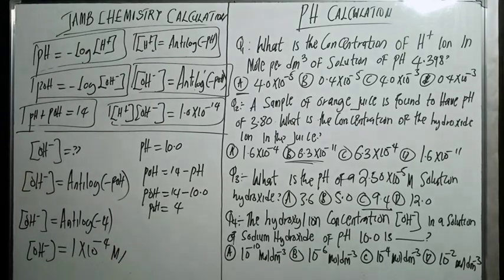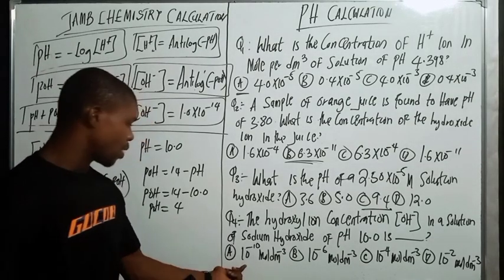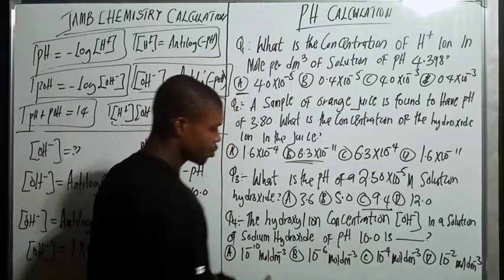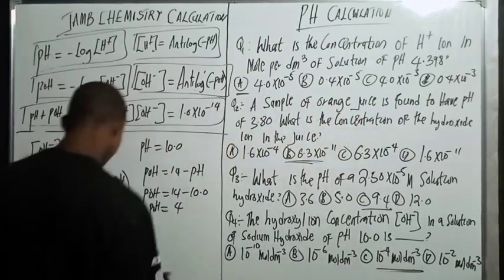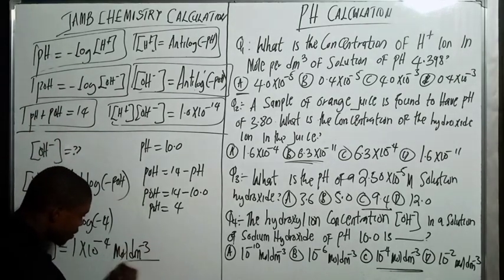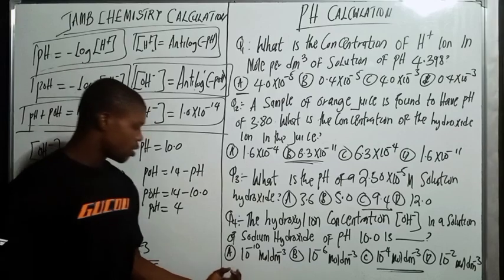Let me see the answer here. The one that is close: we have 10 exponent minus 10, 10 exponent minus 6, 10 exponent minus 4. So this should be the answer, in mole per dm cube. Do you understand?